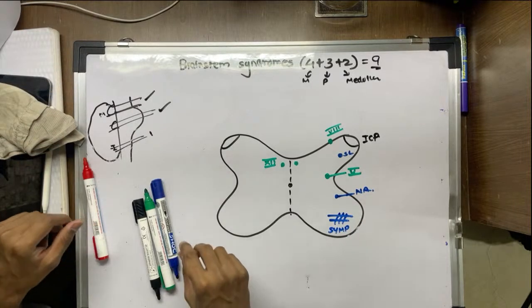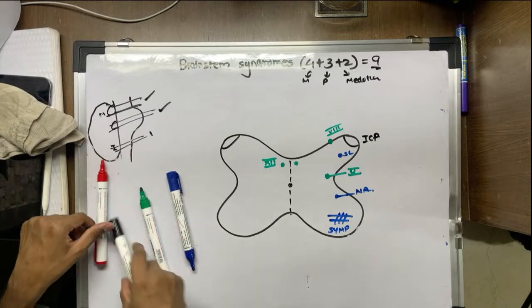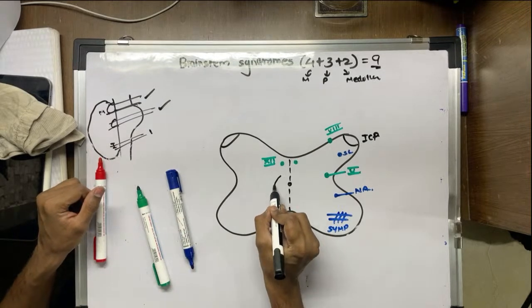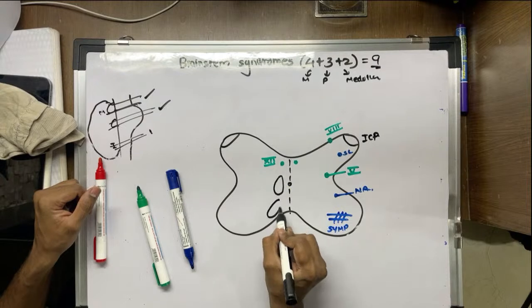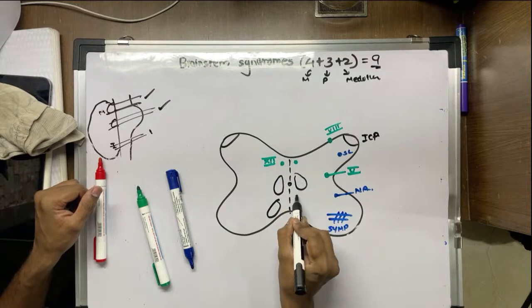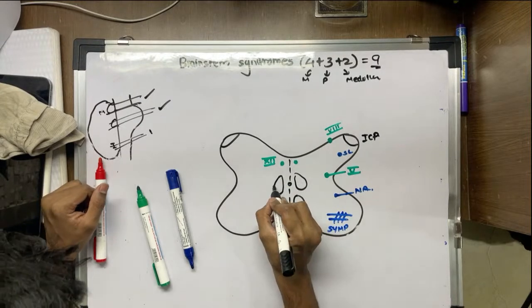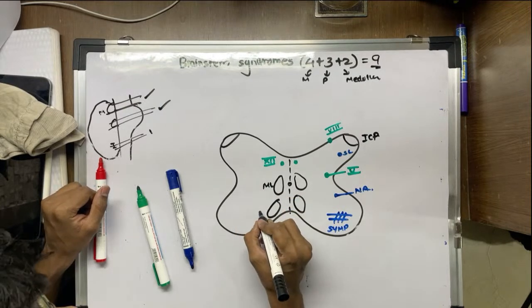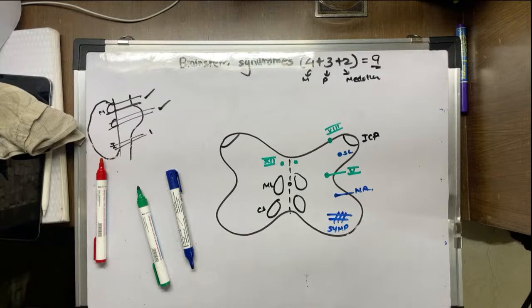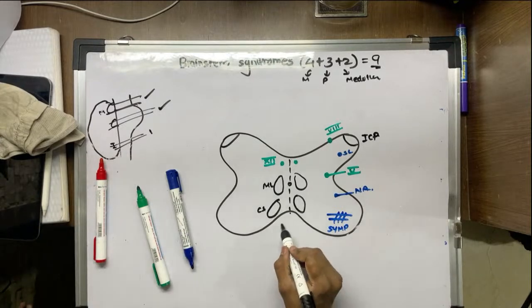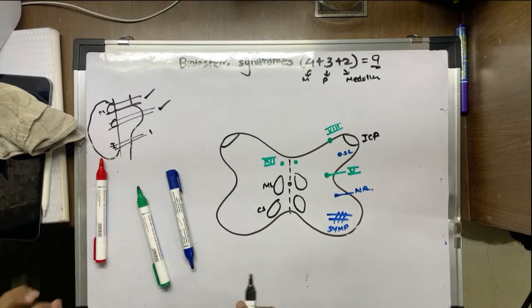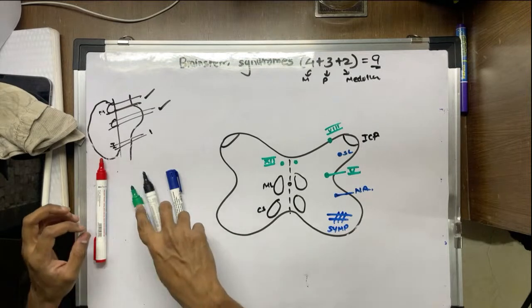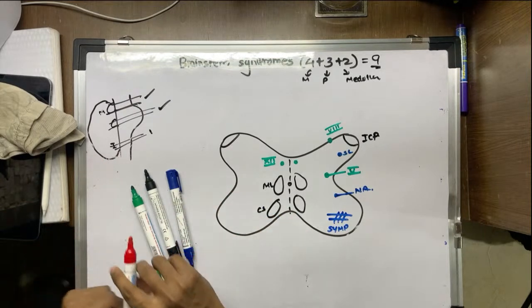And this is the medial lemniscus, and this is the corticospinal tract. Okay, so there are only two syndromes in this portion, and it's very simple.